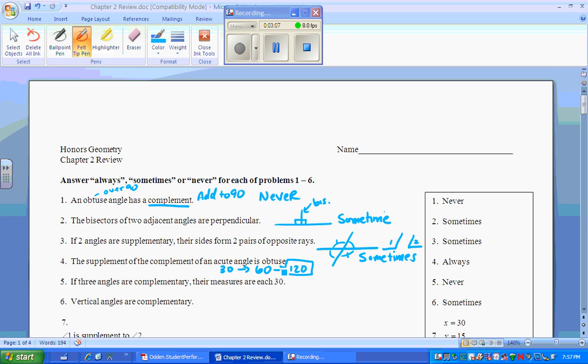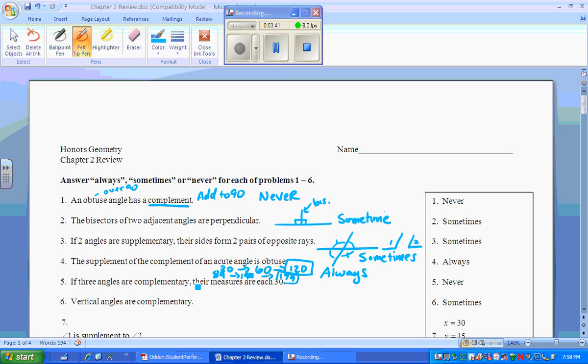Now, the largest acute angle you could have, let's say, is 89, whose complement is 1, and then the supplement is 179. So this always happens, no matter what number you pick.